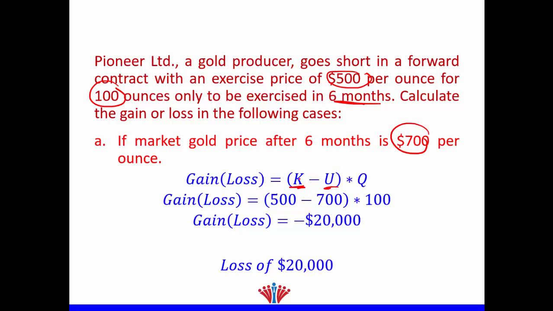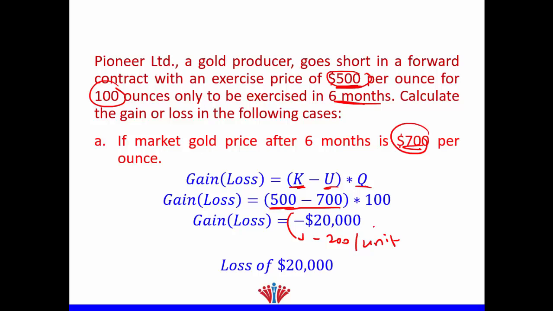This will give you gain or loss per unit multiplied by quantity to get total gain or loss. So I know that we have a contract price of 500 minus underlying price, the price in the market, 700. So 500 minus 700 will give us negative $200 per unit. It means that we will make a loss of $200 per unit.